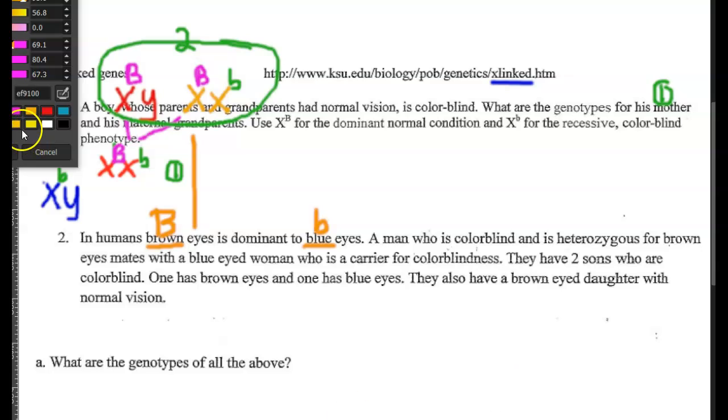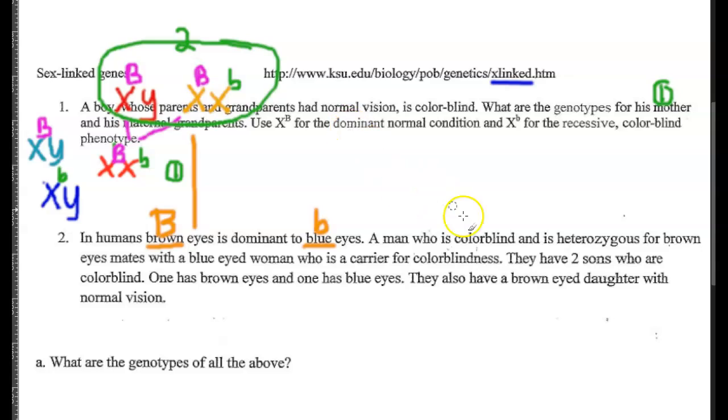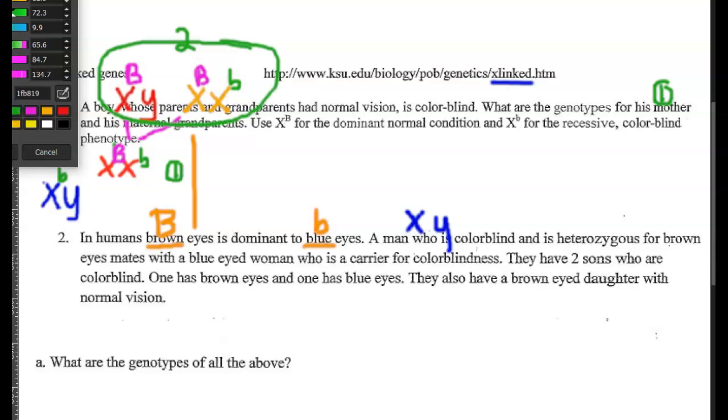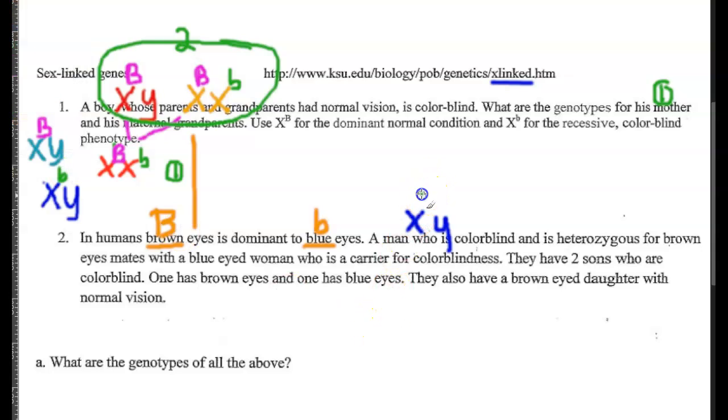And a man who is colorblind, like up there. So he is colorblind, just like up there. Alphabetical order. And I don't really like using all these B's.